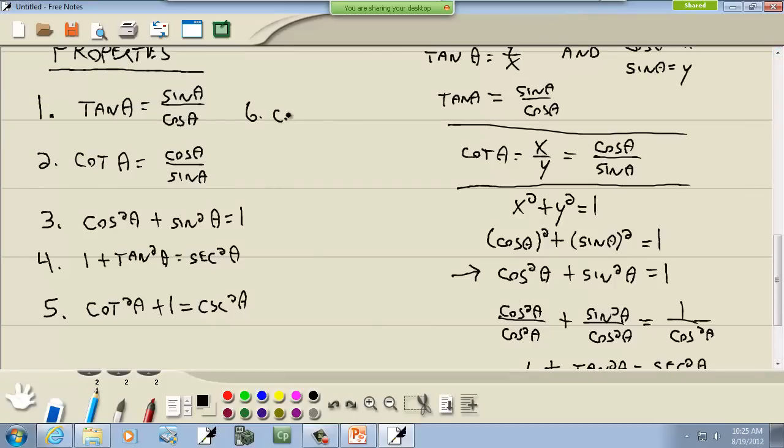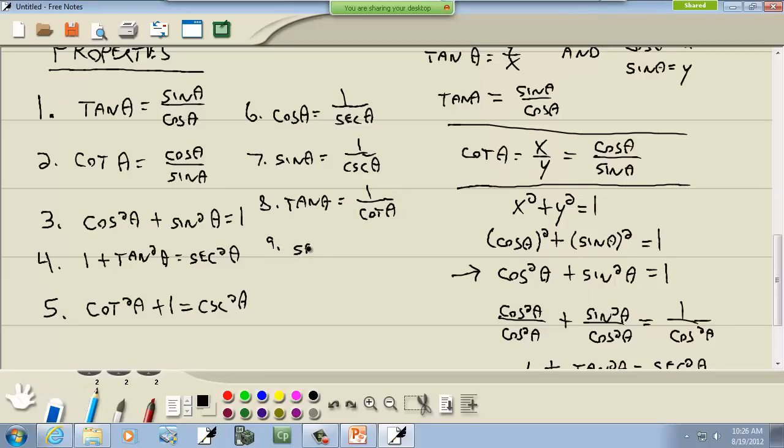We have that cosine theta is equal to 1 over secant theta, we have sine theta is equal to 1 over, I'm starting to write that wrong. Remember, cosine is tied to secant, sine is tied to cosecant. So 1 over cosecant. Tangent is tied to cotangent, so tangent is equal to 1 over cotangent. They're reciprocals of each other.